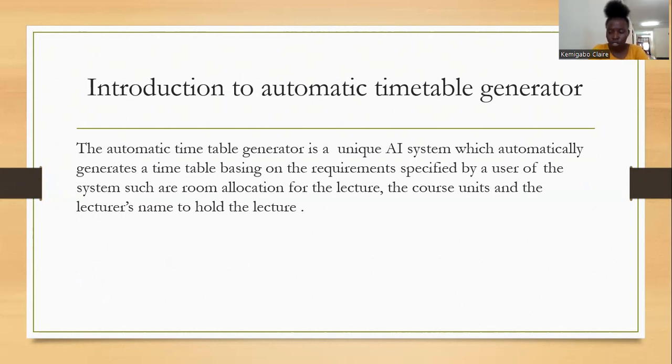For example, you have different interfaces where you shall have the admin and the users. So they will be interacting with it differently. The admin will be the one to give it the requirements for the timetable. For example, the courses needed for that day, the period, like the time, the hours for that lecture, the room allocation, and so on.